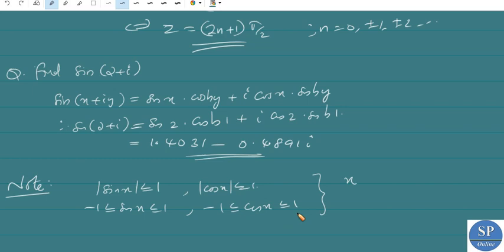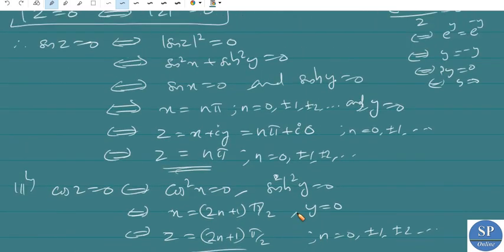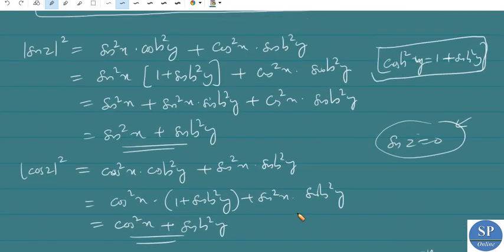It is because we have mod sin z whole square equal to sin square x plus sinh square y. We have sin square x is bounded because sin x varies from minus 1 to 1, so sin square x varies from 0 to 1, but sinh y varies from minus infinity to infinity.